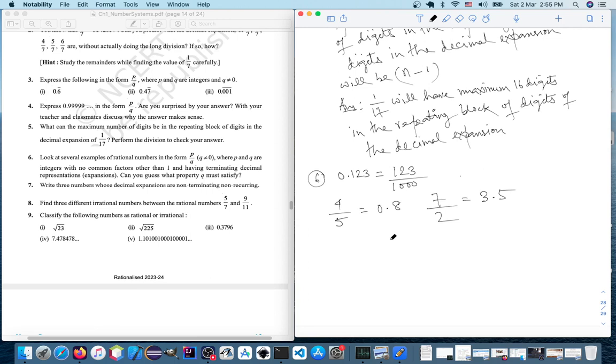No, we cannot have 3 as q. So it turns out that q, I'm not sure at this point, but q seems to have 2 and 5 as factors.